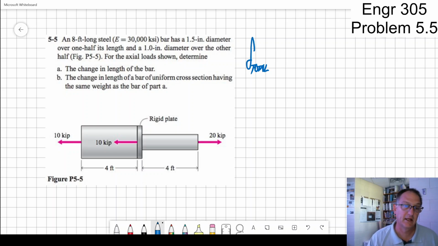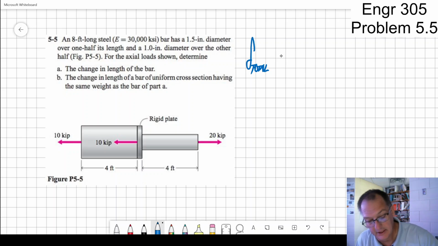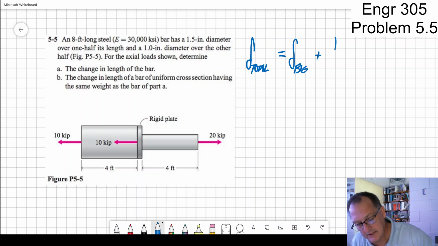The change in length of the bar for the load shown. Similar to what we've done, the total deflection is equal to the deflection of the big bar plus the deflection of the small bar.